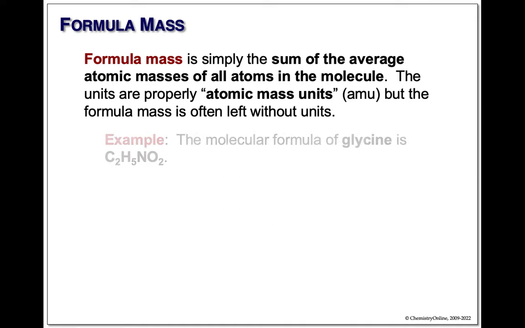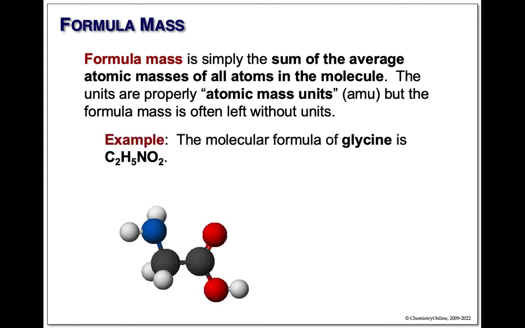For example, the amino acid glycine looks something like this. Now, we've seen molecular models. The blue is nitrogen, red is oxygen, black is carbon, and the white is hydrogen. So in this molecule, we have 2 carbons. We look at the periodic table. Each carbon weighs 12.01. So to calculate the formula mass, we simply do that.